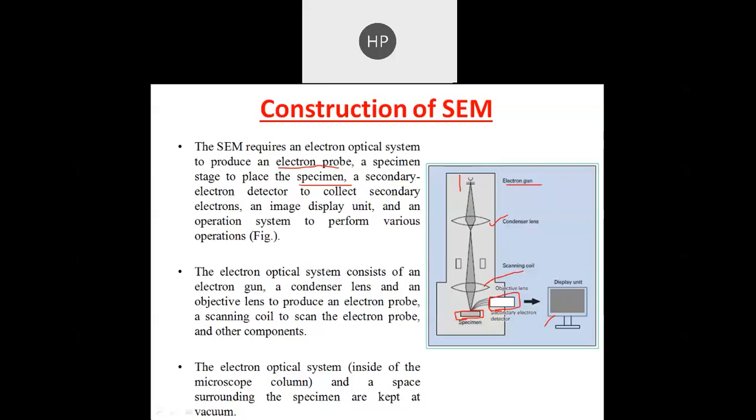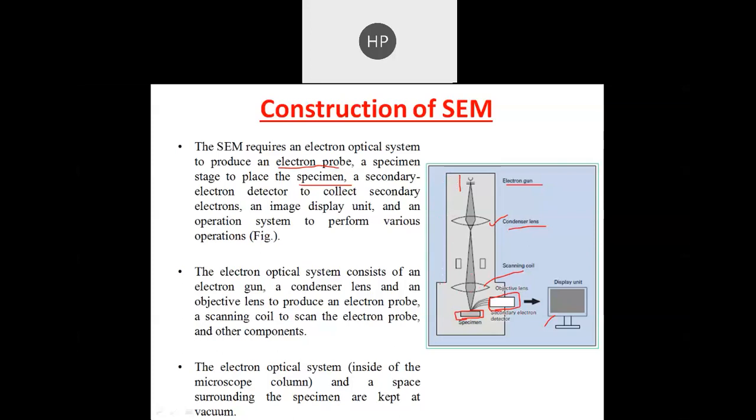We also have a scanning coil to scan the electron probe, and other components. The electron optical system is inside the microscope column, and the space around the specimen is kept at vacuum.